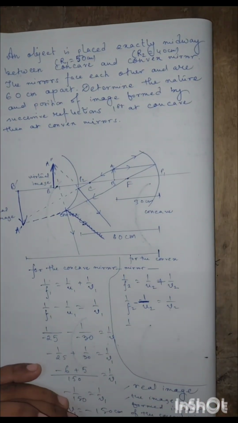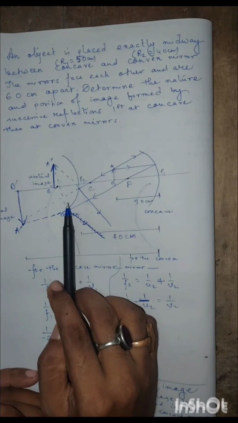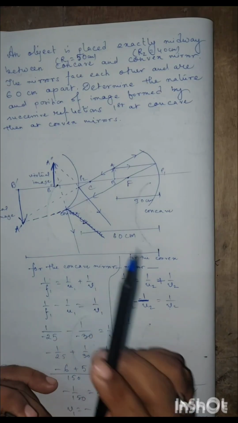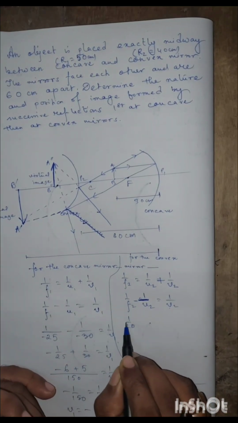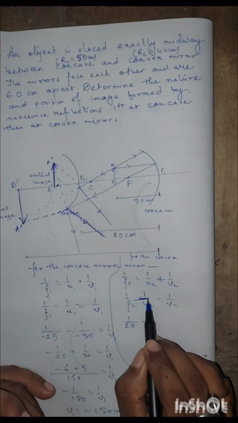So the focal length will be 20 centimeter, and for a convex mirror the focal length is taken positive. So it is 1 by 20 minus 1 by u2.